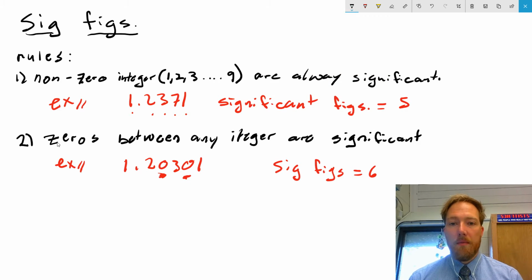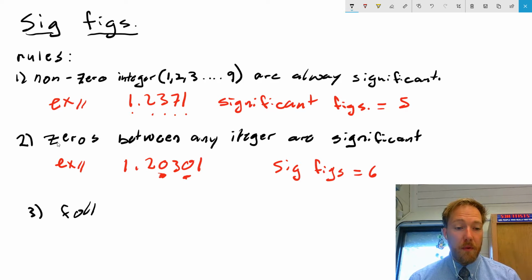Rule number 3 is following zeros to the right of non-zero numbers are not significant. So what this means is, let's write this out.